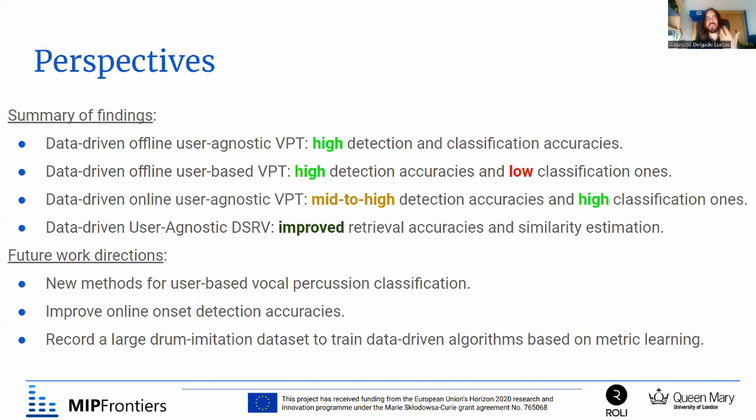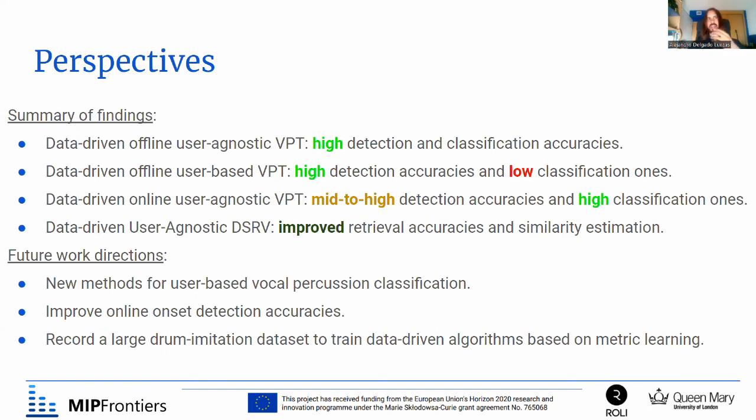We have to improve the online onset detection accuracies as well, which at the moment are mid to high, so around 90% accuracy, but this means that 10% of the onsets would not be detected. So this is something that we have to work on for accurate real-time transcription.